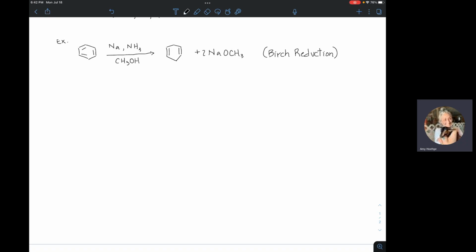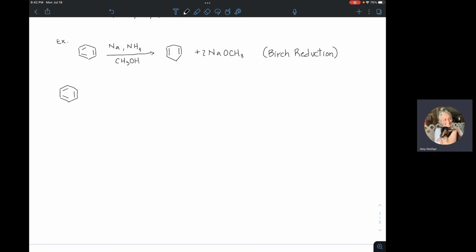So this is a dissolving metal reaction, and we believe it proceeds through a free radical mechanism. Some people say everything proceeds through a free radical mechanism, but this one right here, I'm going to show you the proposed mechanism anyways for this process. We'll start out with benzene.